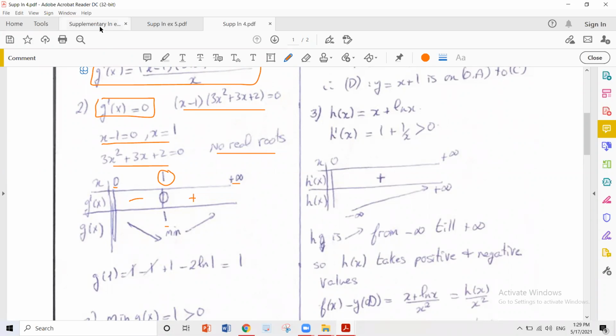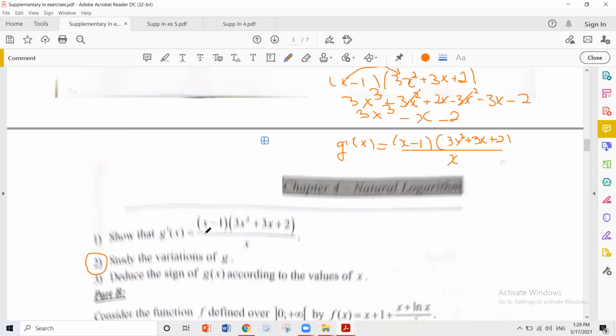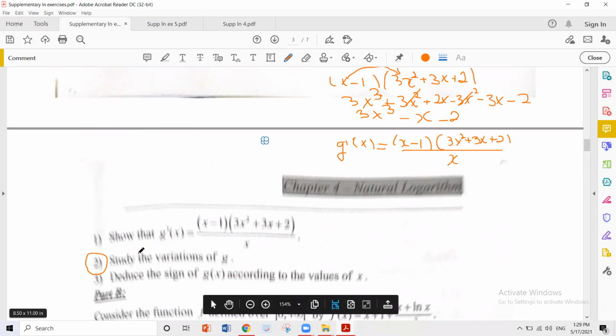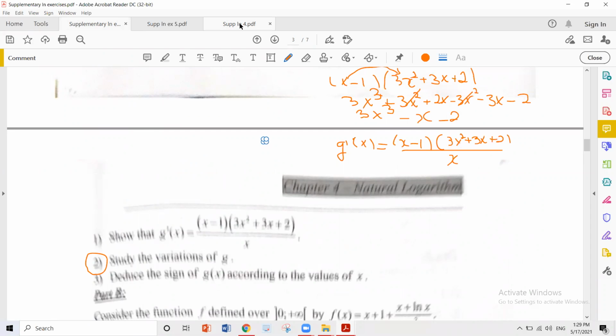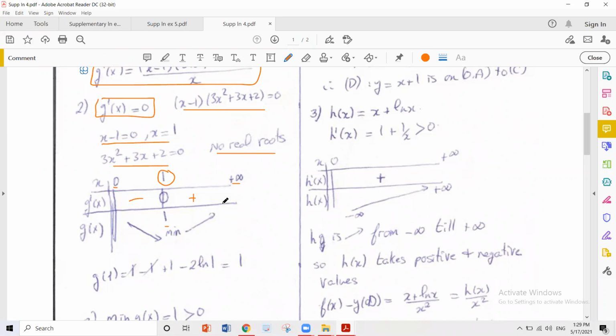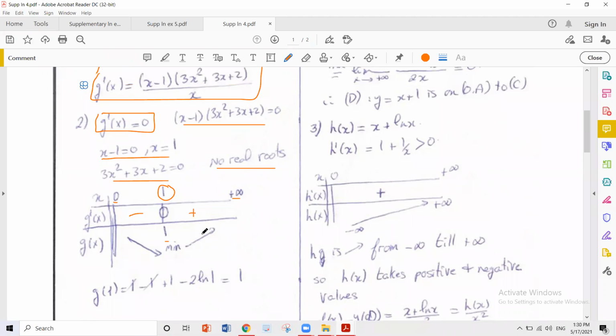Yes. Okay. Deduce the sign of g x. What will be the sign of g x according to the values of x? Part 3. How to deduce the sign of g x? From where do we know the sign of g x?